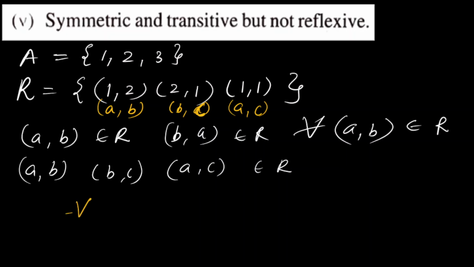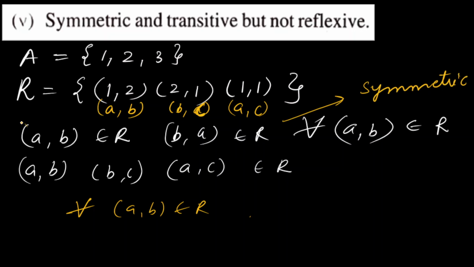You can see this is true for all (a, b) belonging to R. Therefore we can say this relation is transitive also. The definitions we always have to write: if (a, b) belongs to R, it implies (b, a) belongs to R, which is the definition of symmetric. If (a, b) and (b, c) belong to R, it implies (a, c) belongs to R, which is the definition of transitive relation.